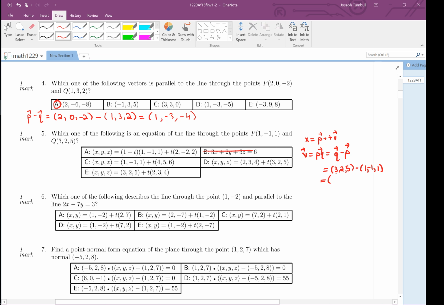Then complete the subtraction. 3 minus 1, 2. 2 minus minus 1, so that's 2 plus 1, 3. And then 5 minus 1, 4. So that's our direction vector: 2, 3, 4.